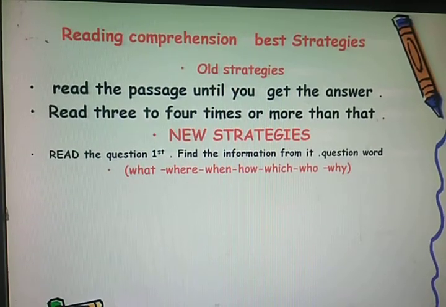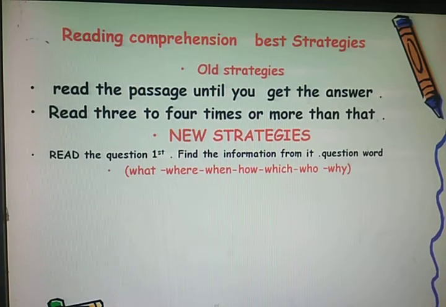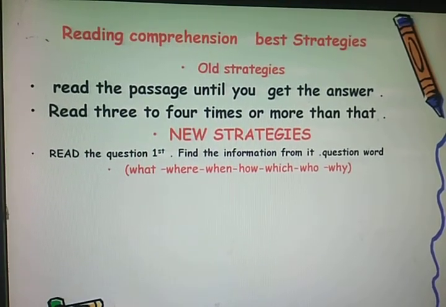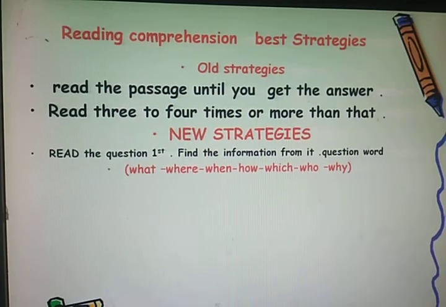When why is there, they are going to ask you the reason. When who is there, they are going to ask you about a person. When where is there, they are going to talk about the place. When when is there, they are going to talk about the date. In this way, the question word will tell you what the writer wanted to ask you.